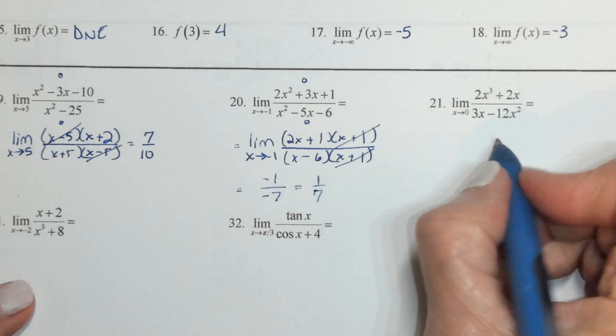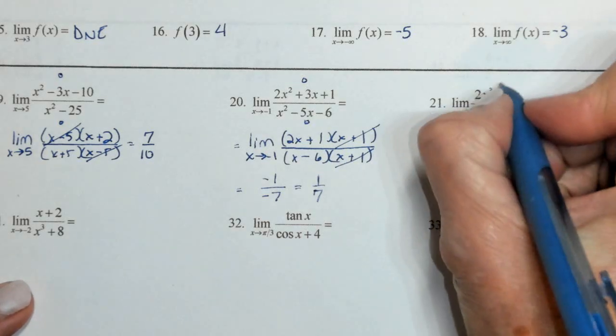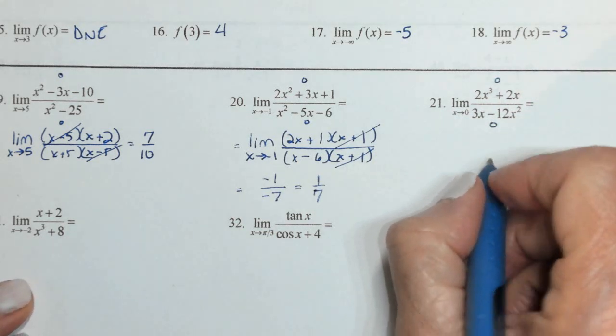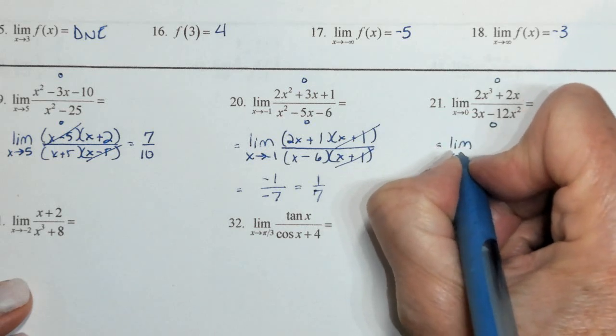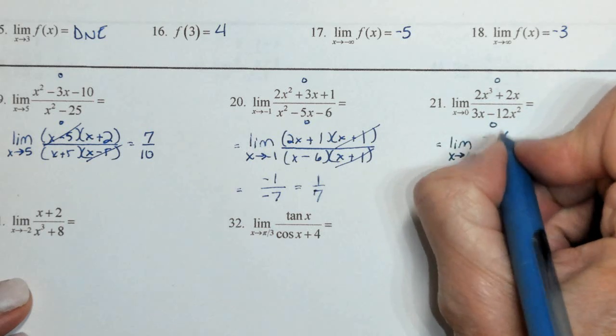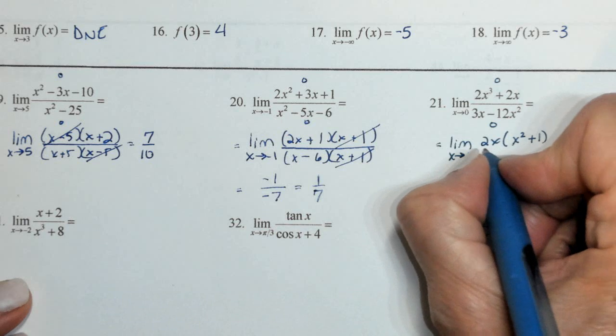Alrighty. Okay, I got 0 over 0. This time it's really easy to see that that's going to be a 0 over 0. So we have a hole. So we factor. Okay, I'm going to take out a 2x because that's in common. I'm left with x squared plus 1.